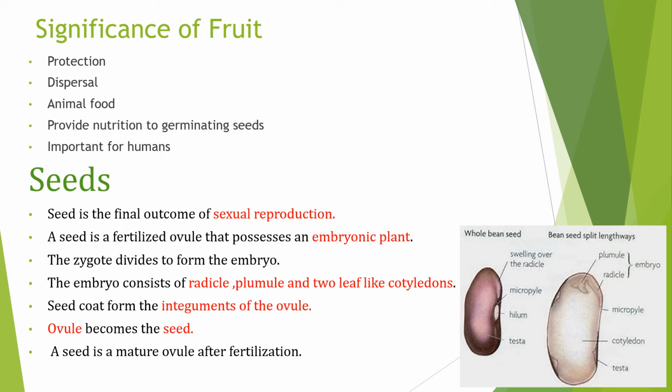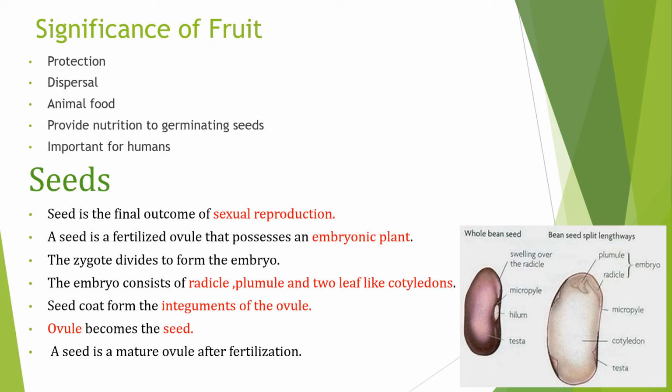Now, a seed contains an embryo and some food material stored in the embryo. The embryo inside seed remains inactive or dormant. You can call it as in resting stage till it gets the favorable condition to germinate.